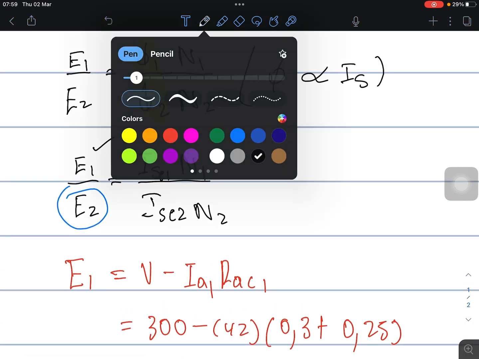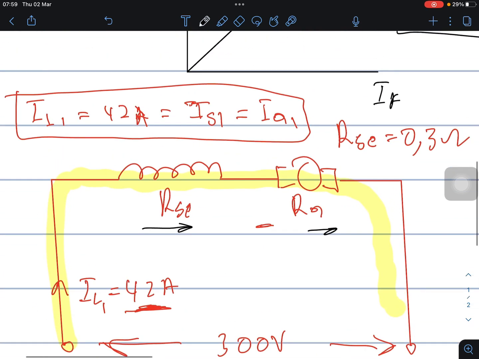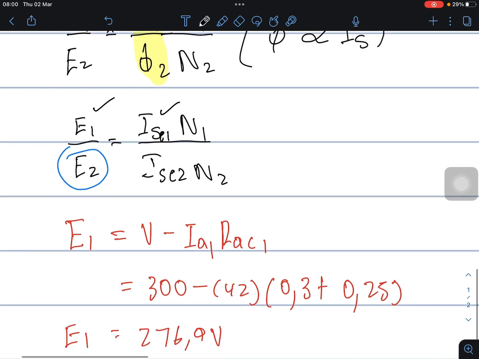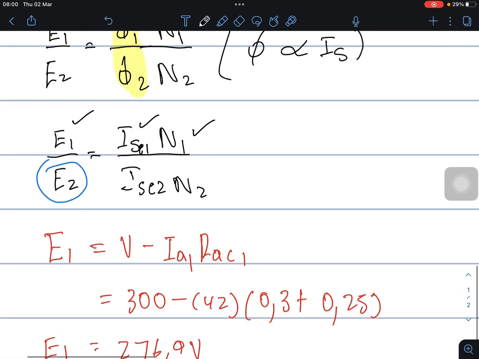Remember, we have the current I series 1. I series 1 is 42 amps. Remember, the current was split in the first condition. Now we have the speed. Okay.